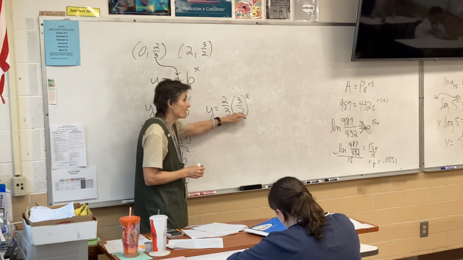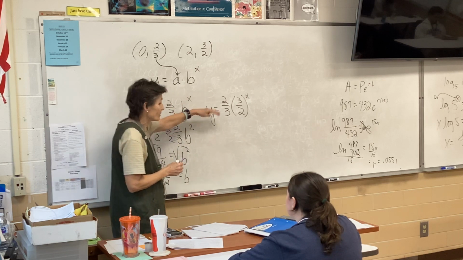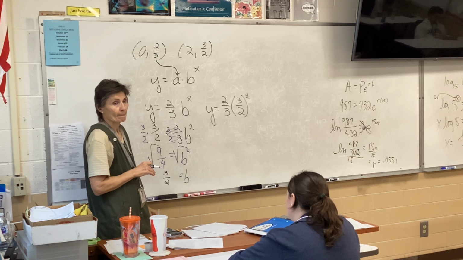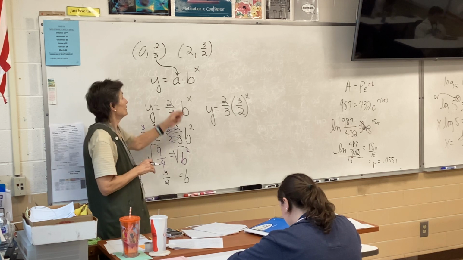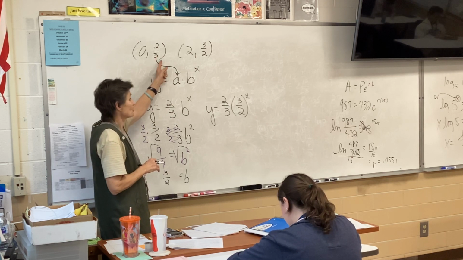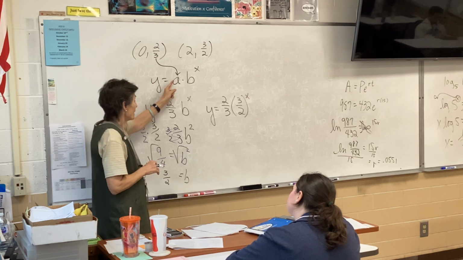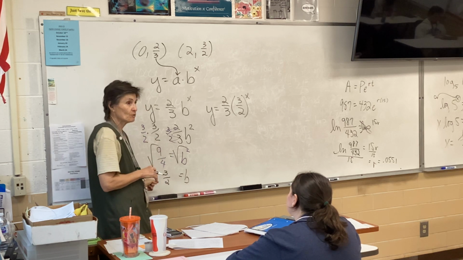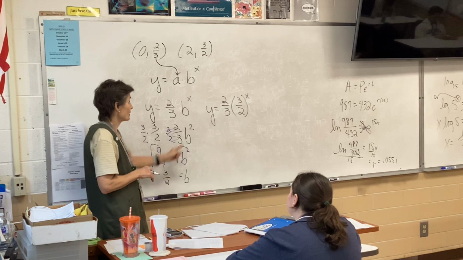These are an A and a B. They are 2 separate numbers. So even though they look like they'll cancel, no, don't. Okay? Quick recap. This is your A. And then you put in that point and do whatever math you need to do to get B by itself. And then you have your equation.